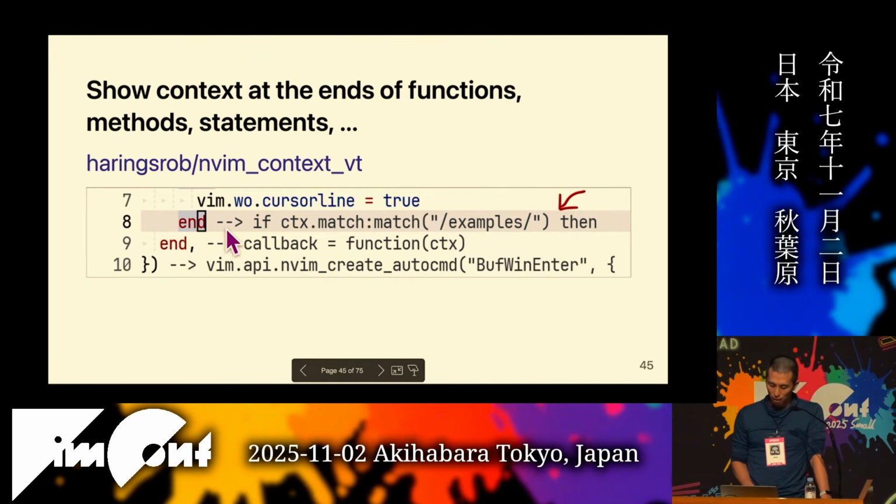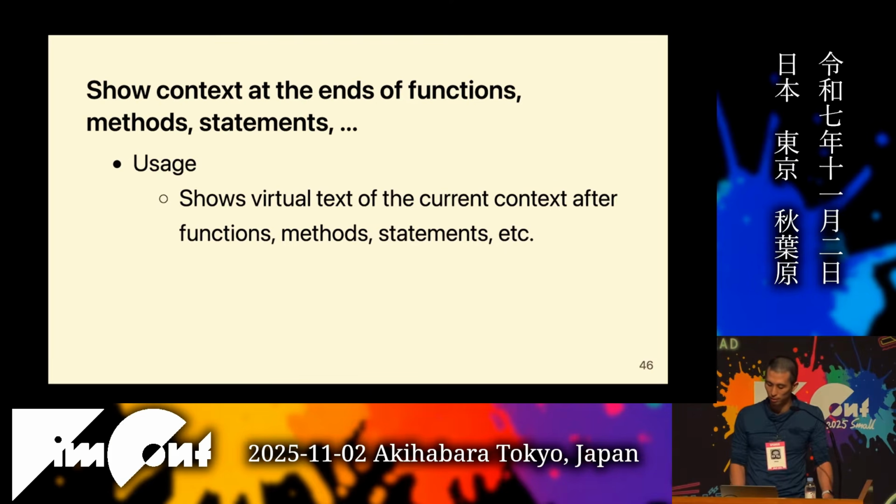However, with this plugin, we have virtual text showing what each end keyword ends. So the 8th line ends the if statement, and the 9th line ends the function definition. That's very cool, virtual text.